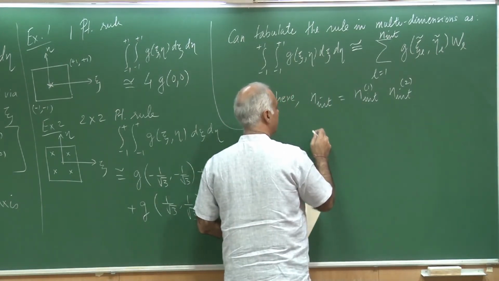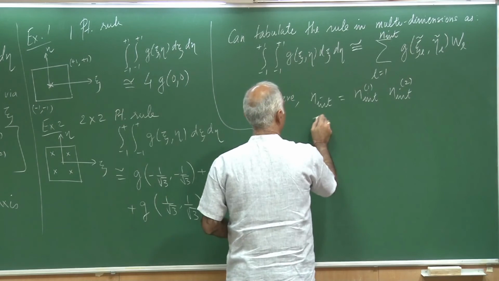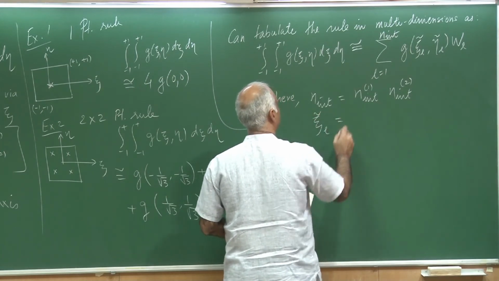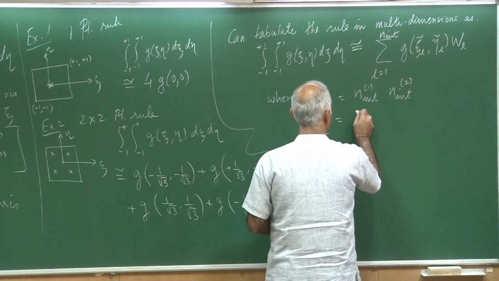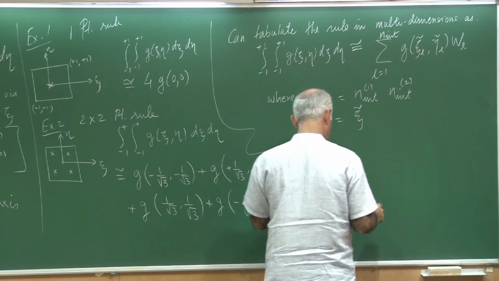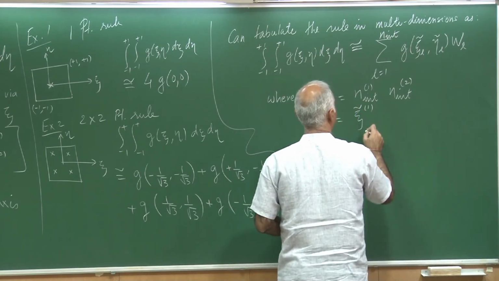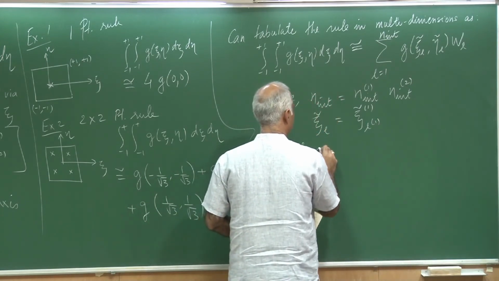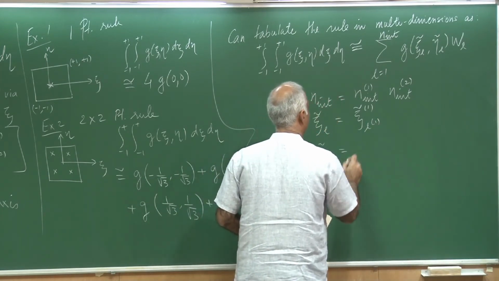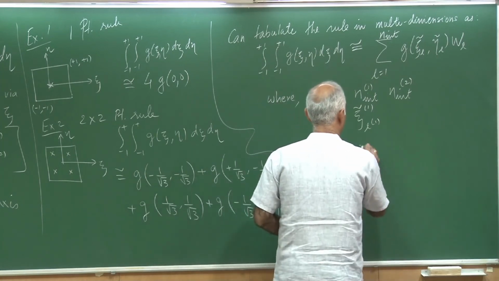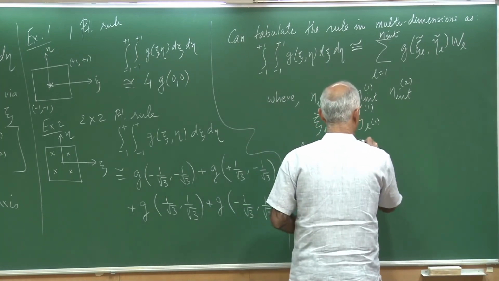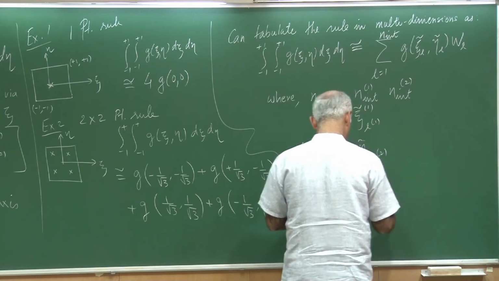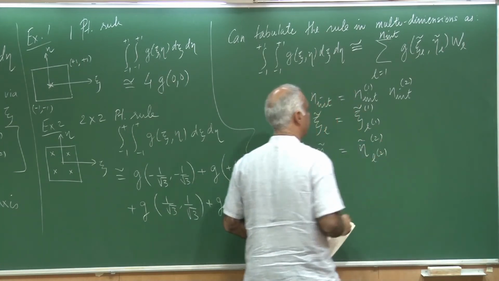And similarly, my xi tilde L is given as xi tilde of L1 and eta tilde L is eta tilde of L2.